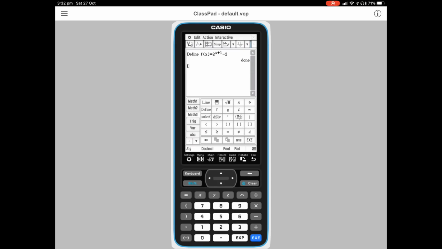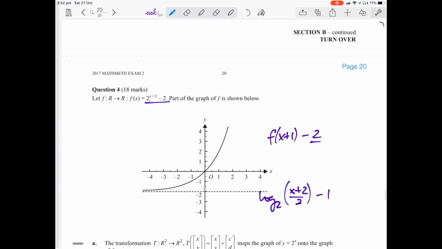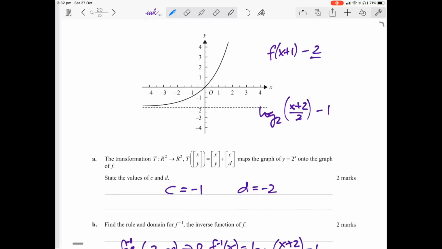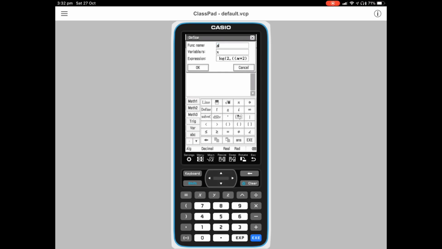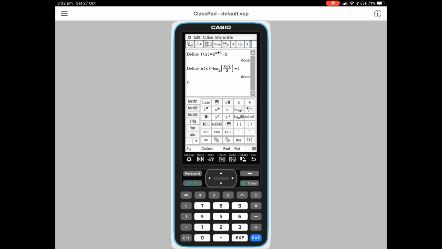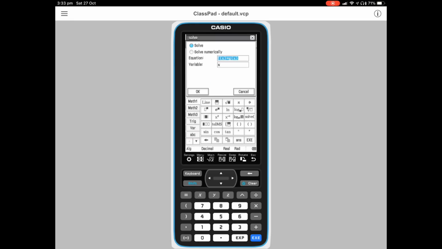Log 2 of x plus 2 on 2 minus 1. Define g of x. Okay, so if we let them equal each other, solve for x.